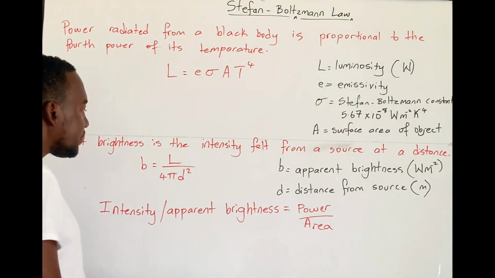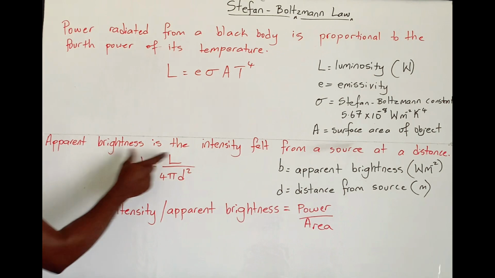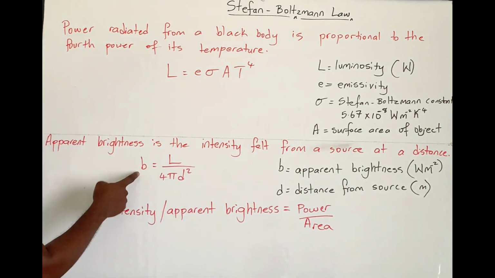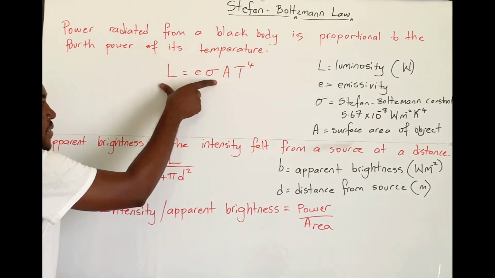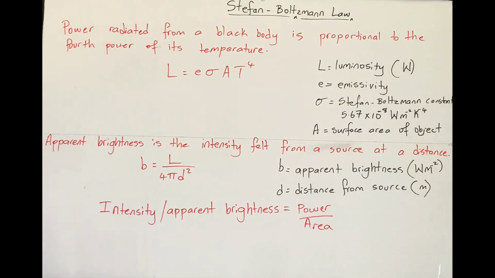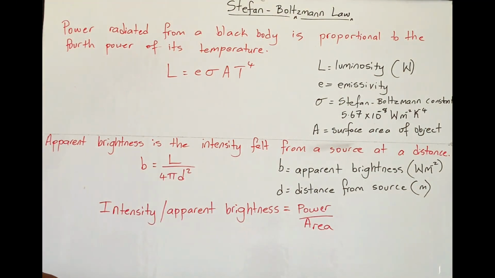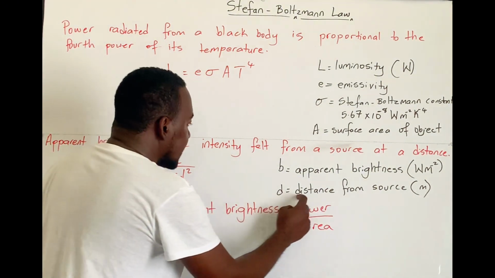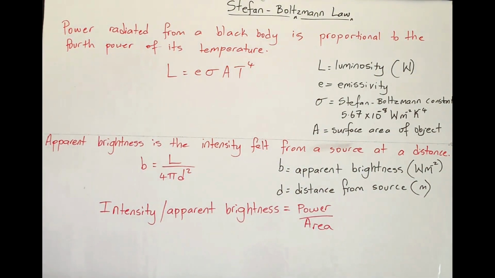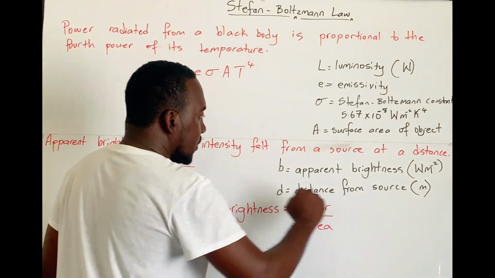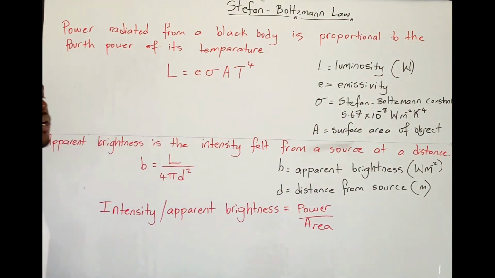So that apparent brightness or the intensity, B, is the luminosity that the black body or the source is producing divided by 4 pi d squared. The d here represents the distance that you are away from the source. And hence we get apparent brightness to have a unit of watt per meter squared.